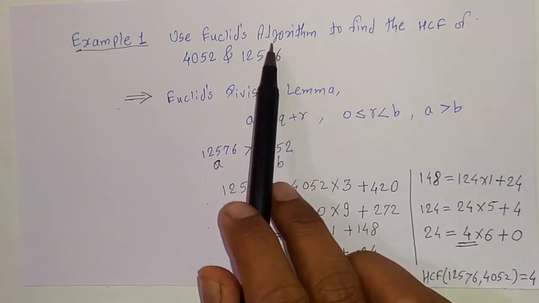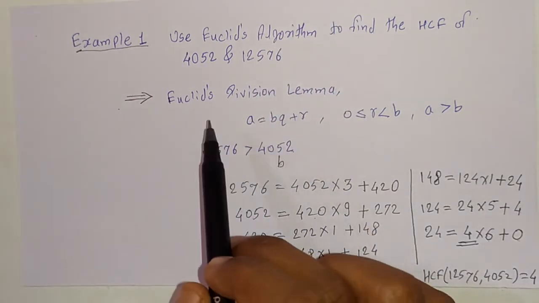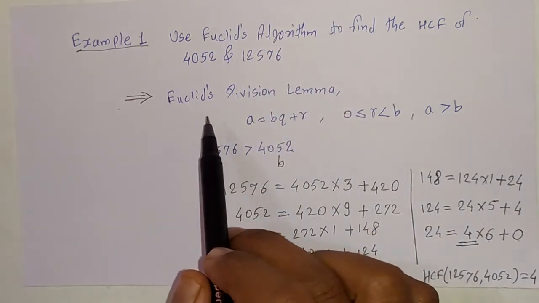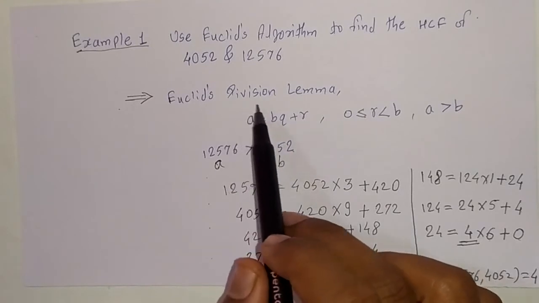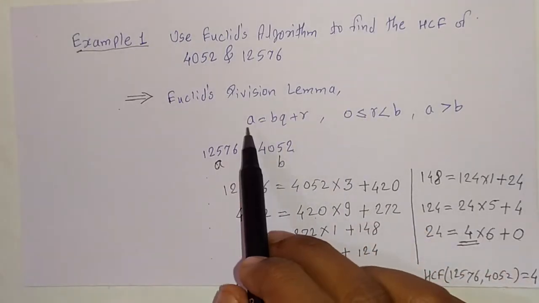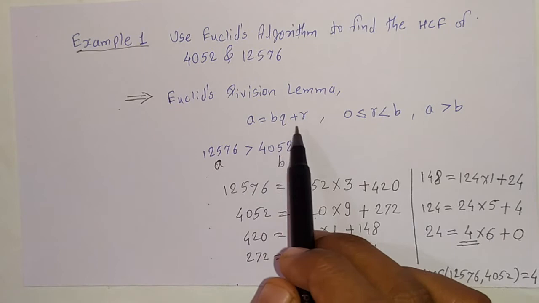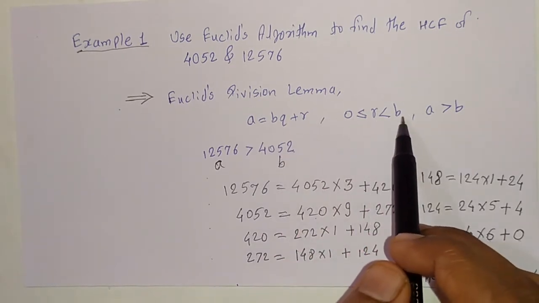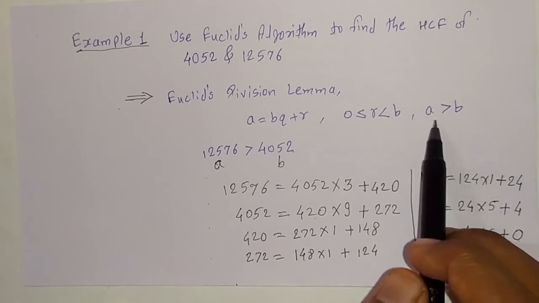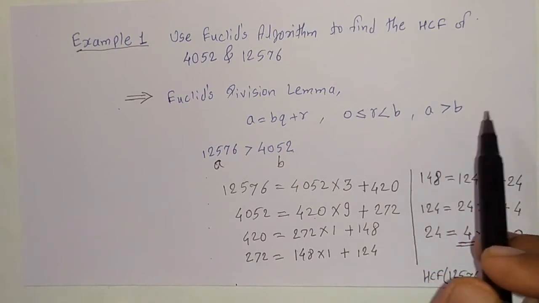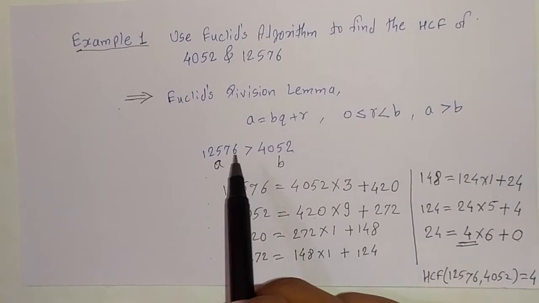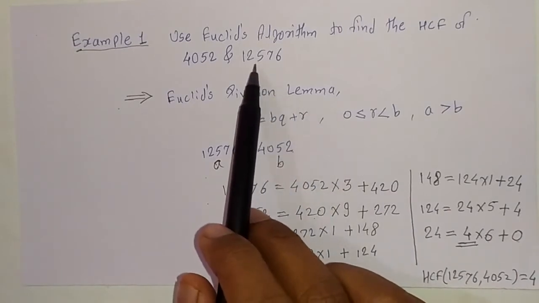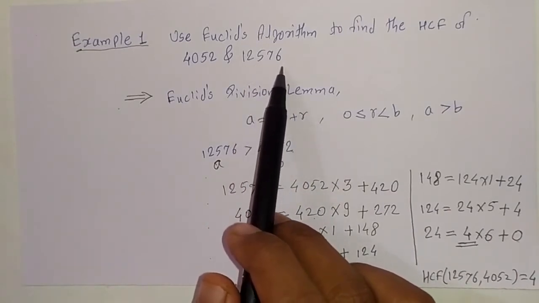That is Euclid's algorithm. So in first step, always write the formula for Euclid's division lemma. So A equal to BQ plus R, 0 less than equal to R less than B. A is always greater than B. So in our case, A will be 12,576.